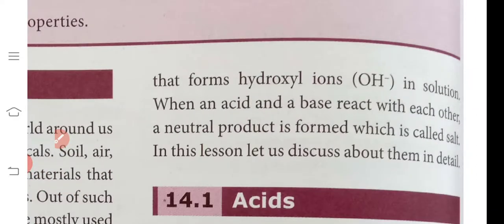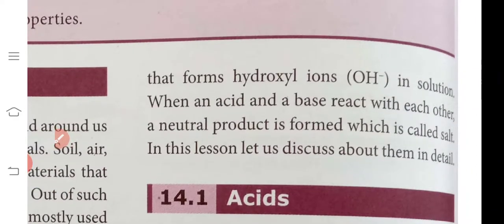A base forms hydroxyl ions, OH- ions, in solution. Understand that acids dissolved in water give H+ ions, and that is called an acid. What gives OH- ions is called a base.